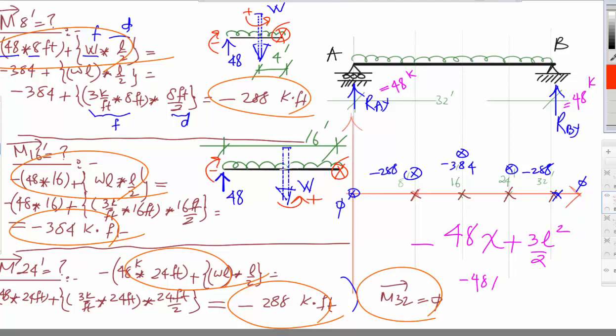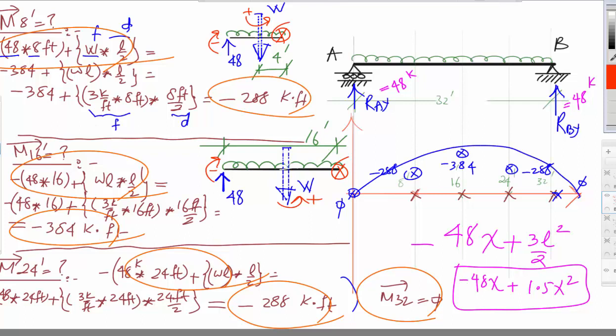So 48x plus 3 divided by 2 is 1.5x squared. So you see this equation is not a linear equation. So that's why when we connect these points, it becomes like that. This is why this diagram is like so.